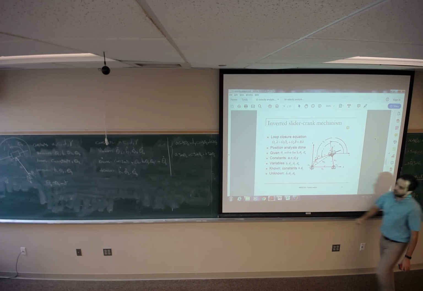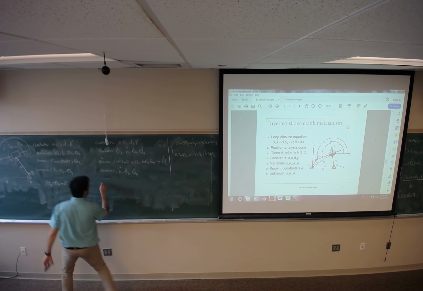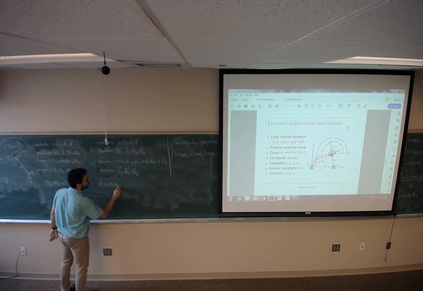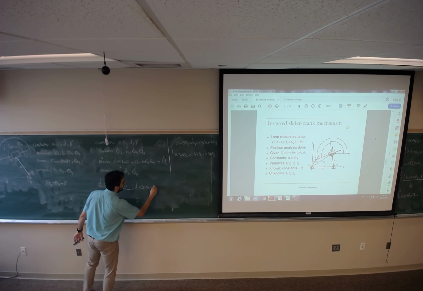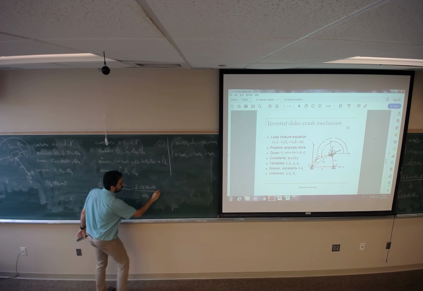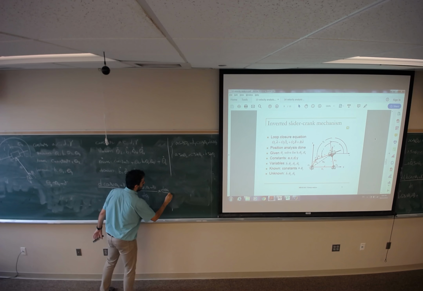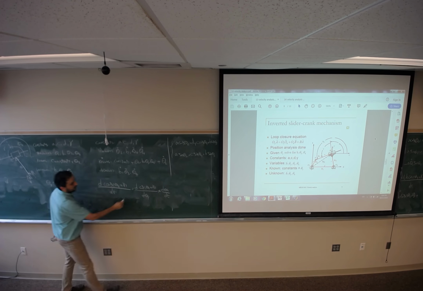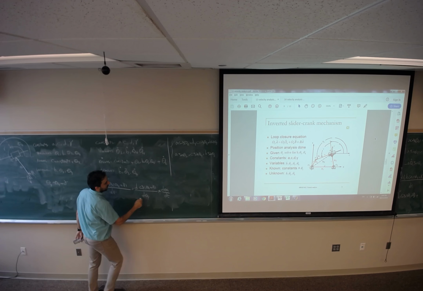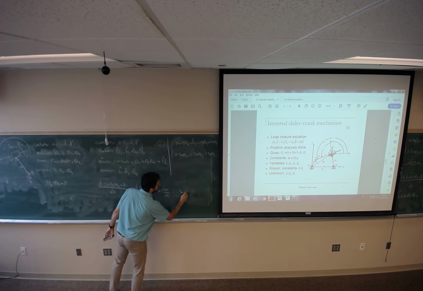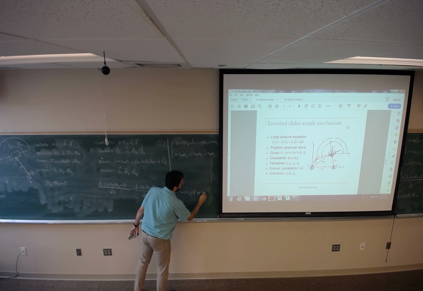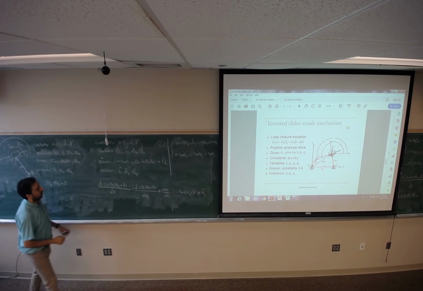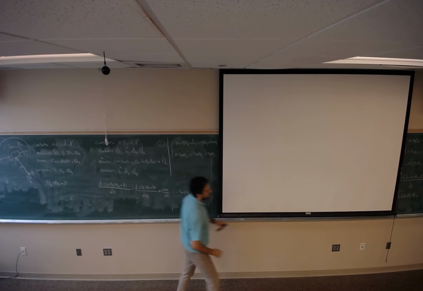So the derivative of cosine of theta 4 plus gamma with respect to theta 4 is negative sine of theta 4 plus gamma, and this part is theta dot 4. So I'm just replacing this here.